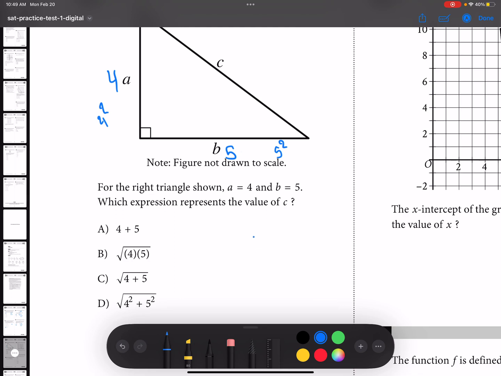That means we're finding a square root because we don't know what C squared is. So if C squared is equal to 4 squared plus 5 squared, and we need to find C, we're going to take the square out of here and make it the square root of 4 squared plus 5 squared. So that means D is our answer.